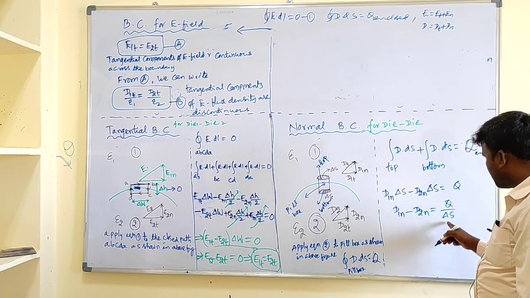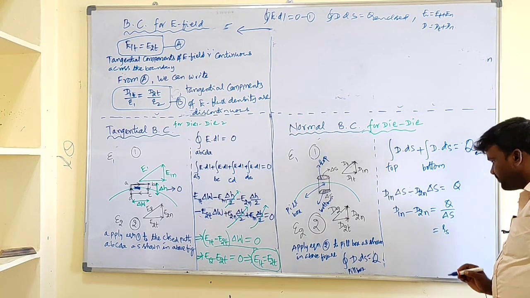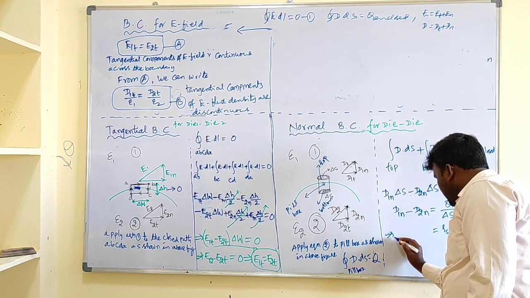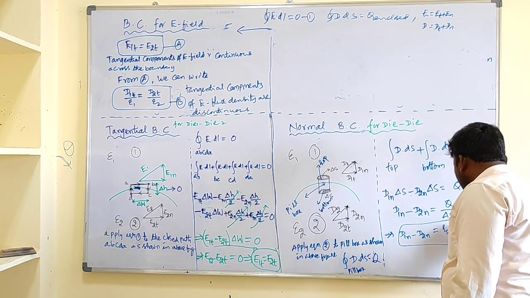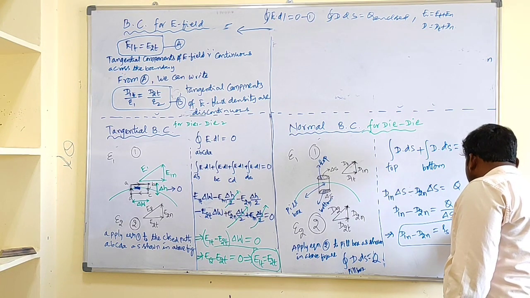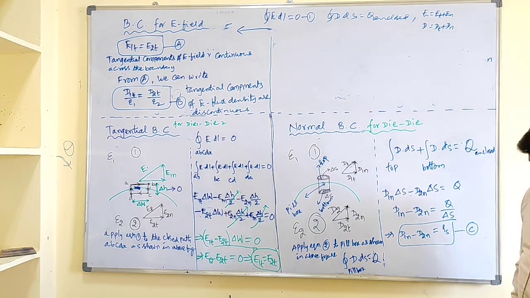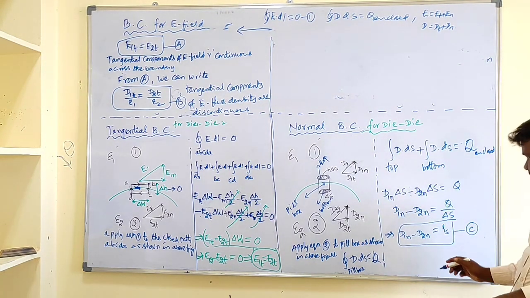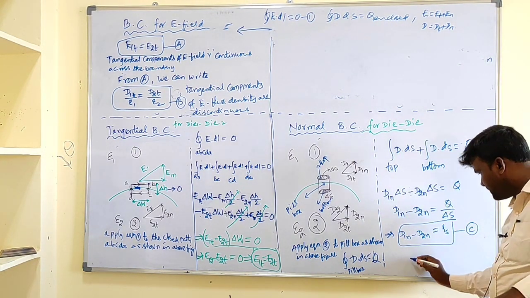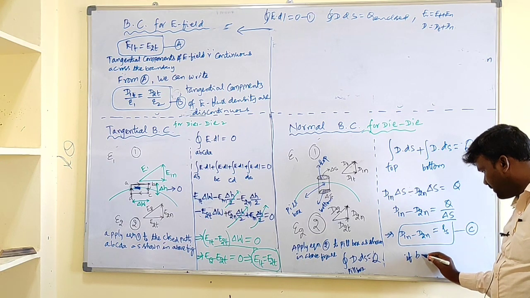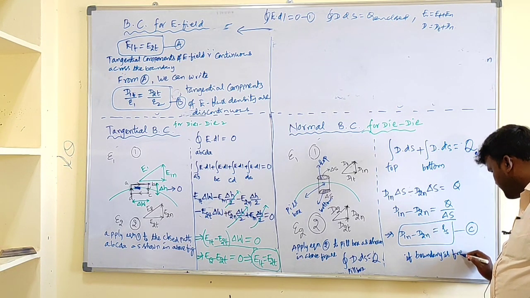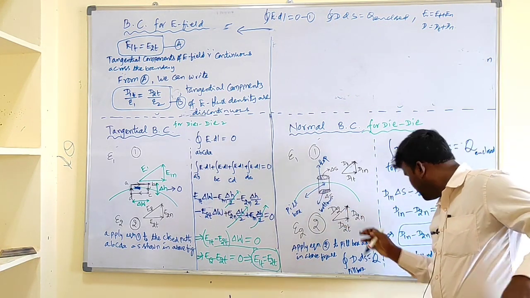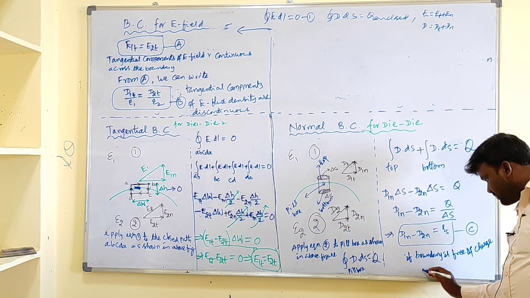This means charge per unit surface area, that is rho s. So we have D1n minus D2n equal to rho s. This is one of the boundary conditions. Let us take this as equation C. If the boundary is free of charge, that means there is no charge at the boundary, in that case rho s equals 0.